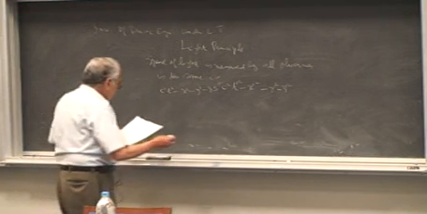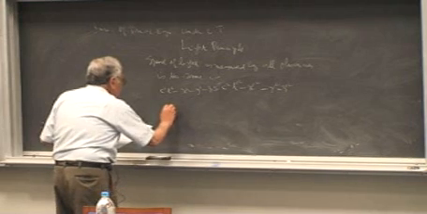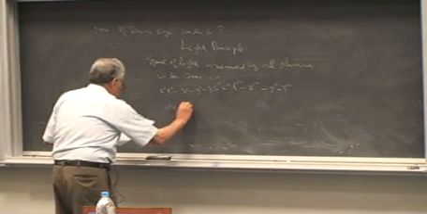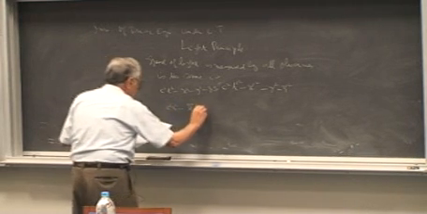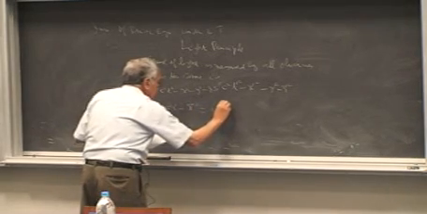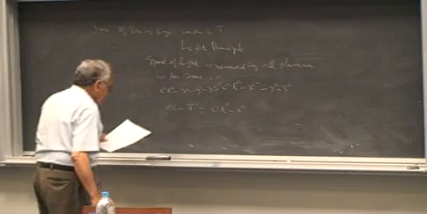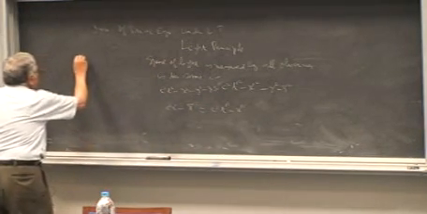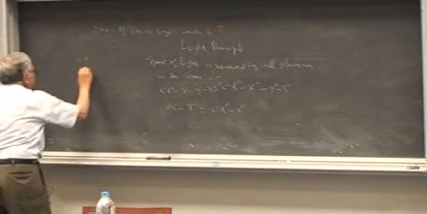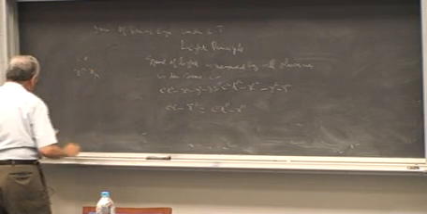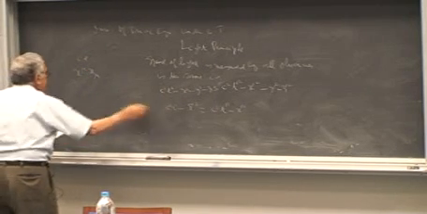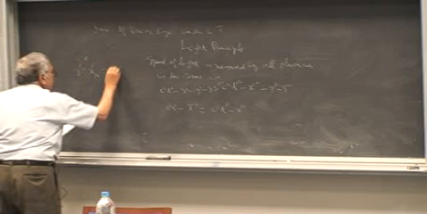Now this you can write in the following form: c square t square minus x square equals c square t prime square minus x prime square, so this will be an invariant that is in the 4-dimensional notation which I used last time. This interval, which is exactly what this one, should be equal.